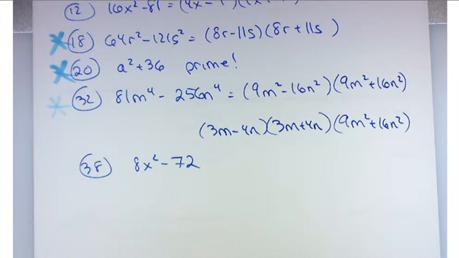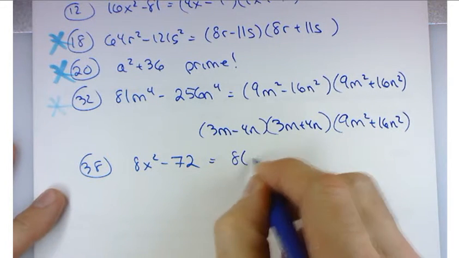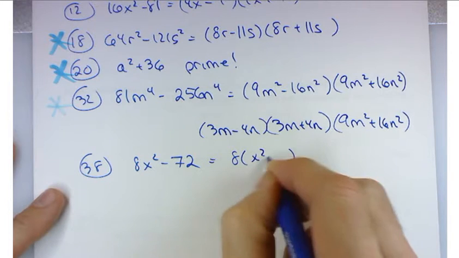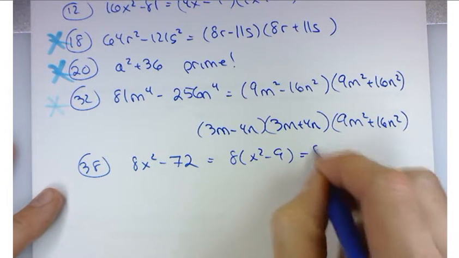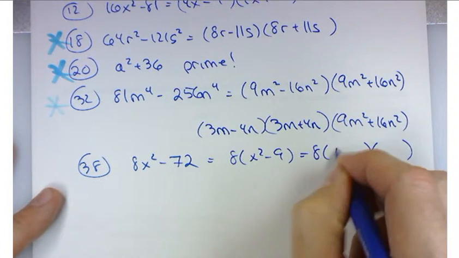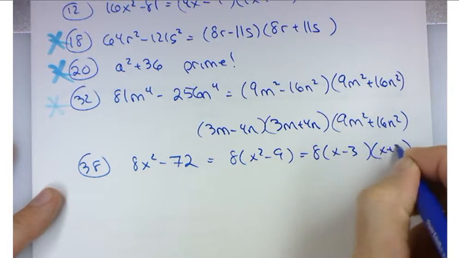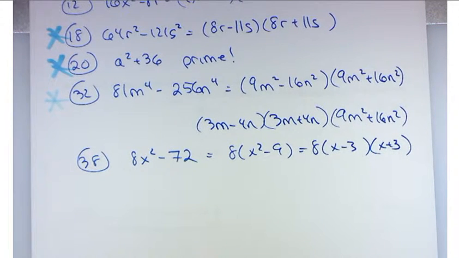GCF. Remember, the number one rule of factoring is to always factor out the GCF. So if I factor out the GCF, it's 8 times x squared minus 9, which leaves me with 8 times x minus 3 times x plus 3. Yay. So there's your sum and difference of squares.